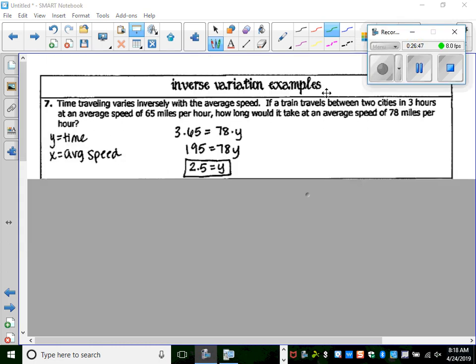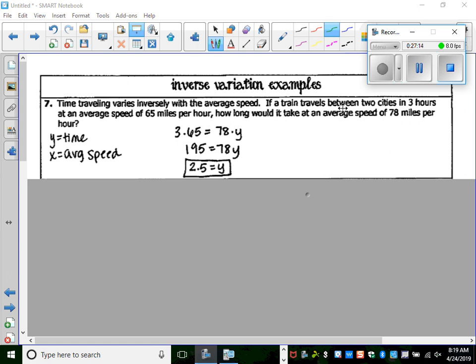Turn to some inverse variation examples. We just did some that vary directly, so this is going to vary inversely. Remember, now we're multiplying x and y when it says inversely. Time traveling varies inversely with the average speed. So again, time is y because it comes first, and average speed is x.